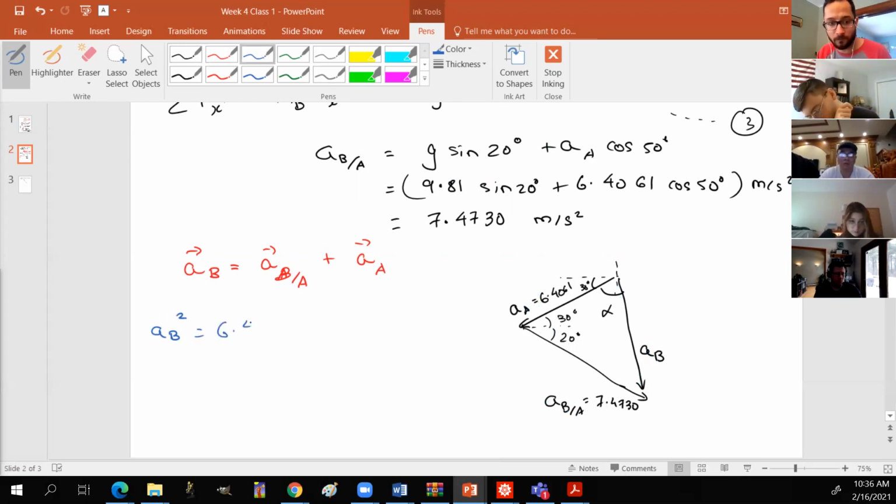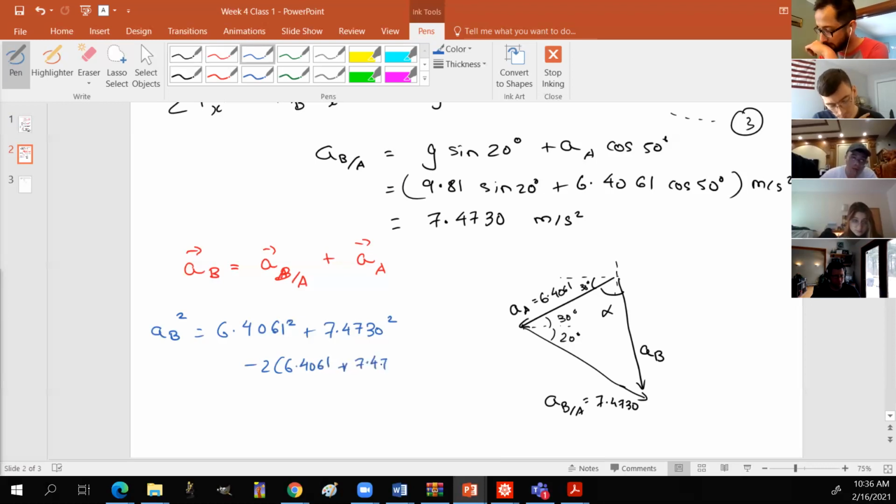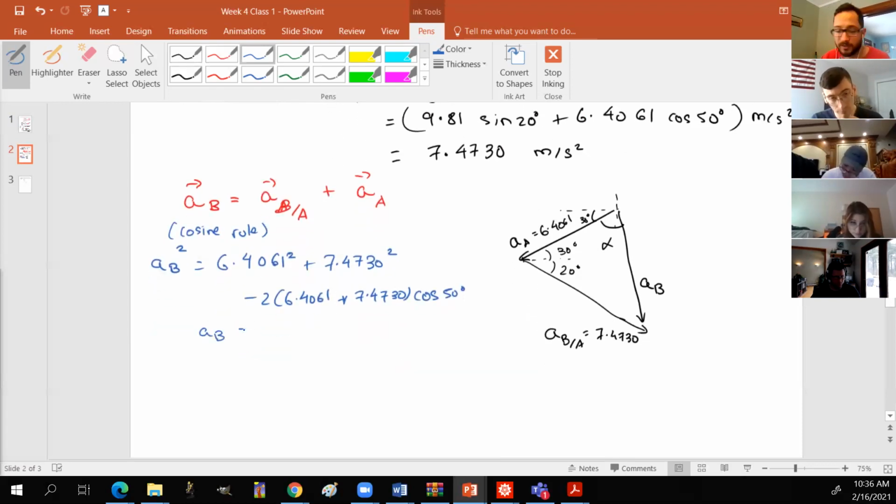So it's just 6.4061 squared plus 7.4730 squared minus 2 times 6.4061 times 7.4730. And this is the angle. So whenever you're looking at the cosine rule, it's the opposite angle, right? So it's going to be cosine of 50 degrees, right? So this is cosine rule. So you solve this expression and you get that your acceleration of B is 5.9447 meters per second squared.